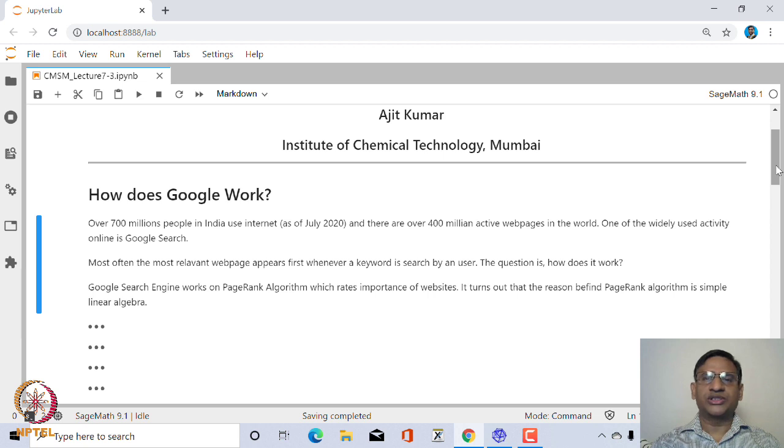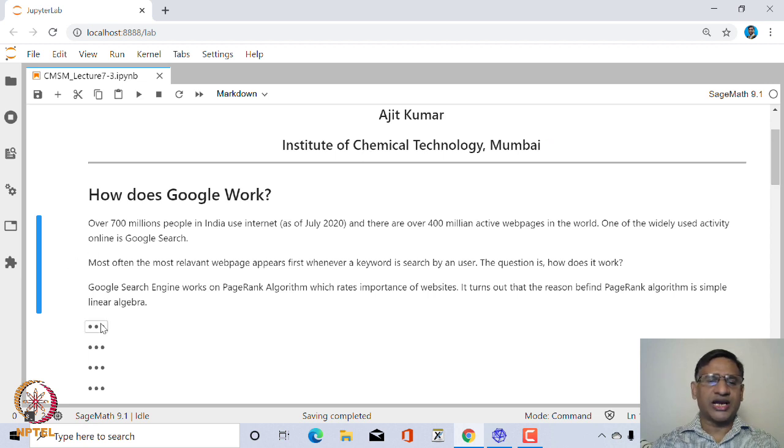Actually, it uses a very simple concept of linear algebra. So, we shall look at how it works and the concepts involved in the Google PageRank algorithm.